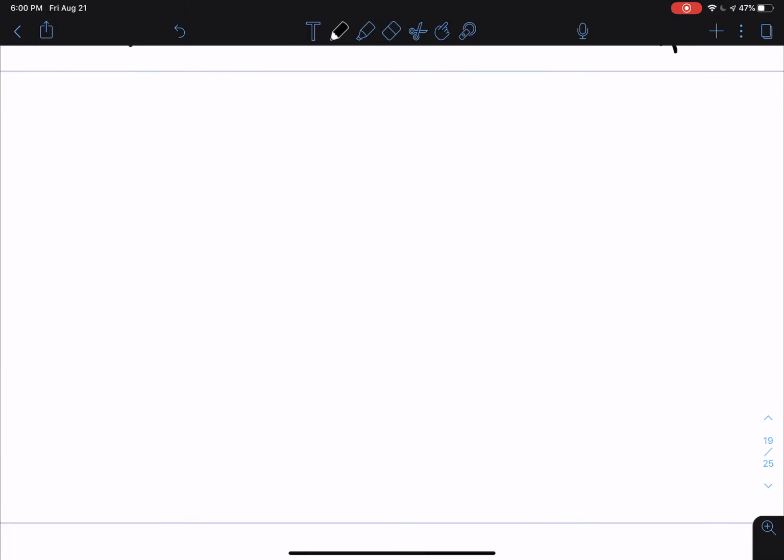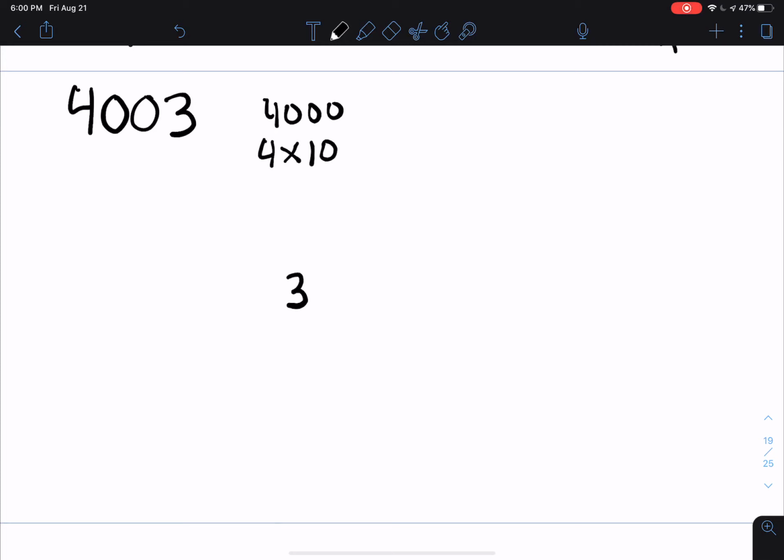Okay, let me do one more of the Chinese numerals. Let's say we have 4003, and we need to write those. So we need to deal with the 4000, and we need to deal with the 3. 4000 is 4 times 1000. So we're going to put a 4 over a 1000.